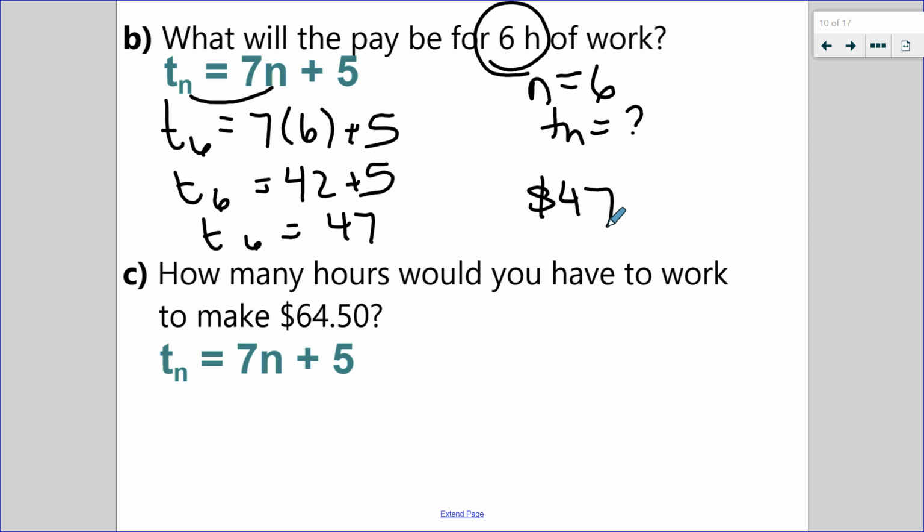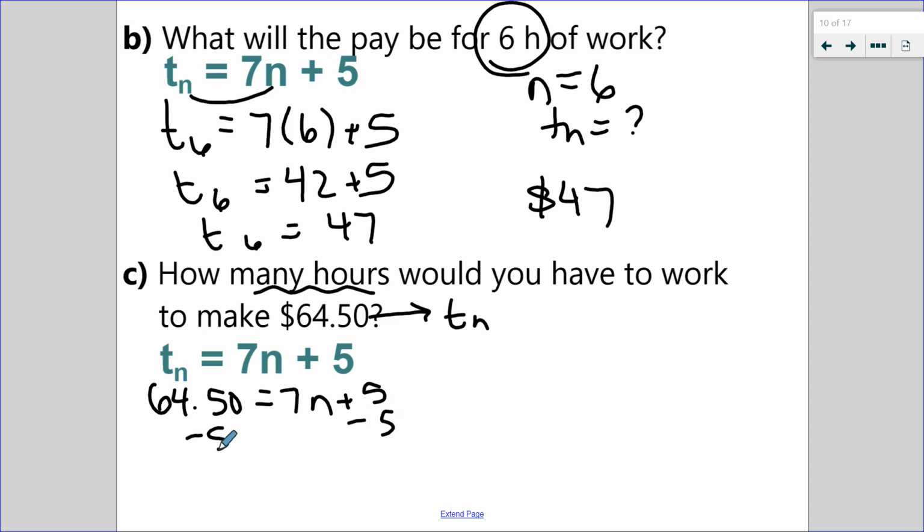Okay, in this one it says, how many hours would you work to make this amount of money? So this would be your nth term, and we want to know how many hours. That means we're solving for n. So my nth term, 64.50, is equal to 7n plus 5. So first thing that I'm going to do is subtract 5 from both sides.